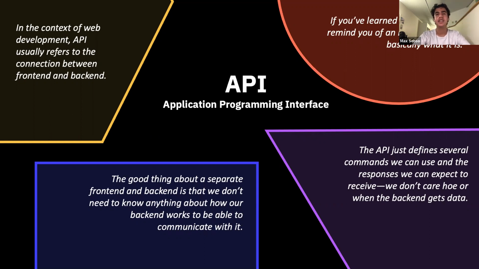What is really beneficial about an API is that the front end doesn't need to know anything about the back end to make requests. All it needs to know is the URL to make the request at, and we can trust that the back end will get us the information we want with the specific request we put.